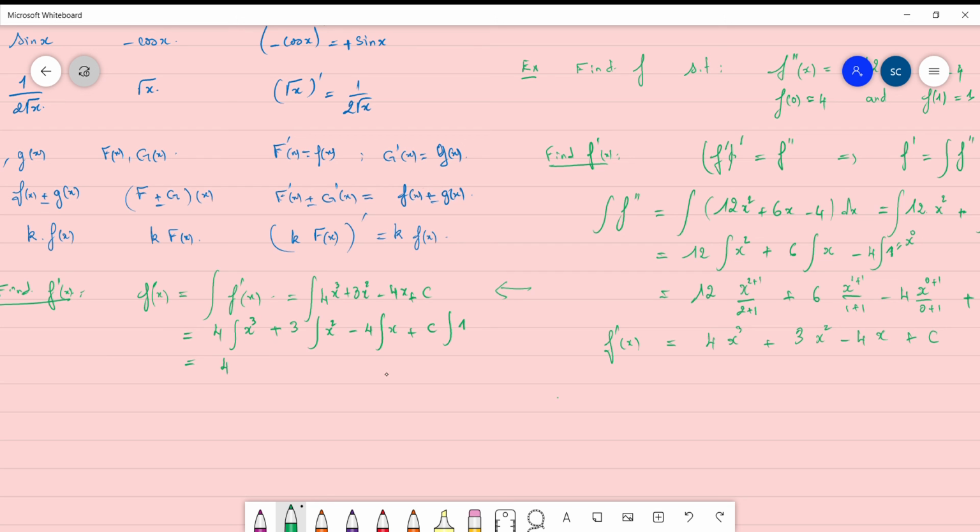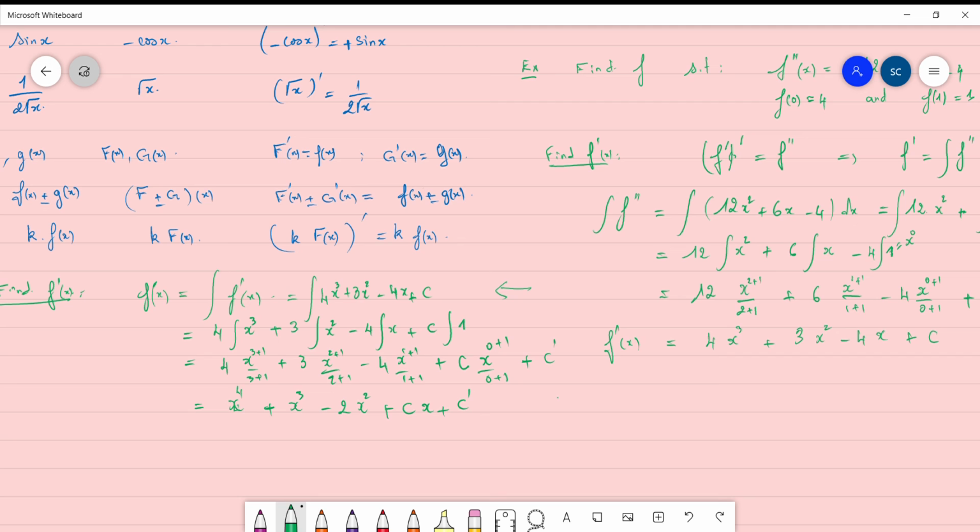Then 4x^(3+1) over 3+1, 3x^(2+1) over 2+1, minus 4x^(1+1) over 1+1, plus Cx^(0+1) over 0+1, plus another constant, let's call it C'. Here we have 4 over 4, so x^4, plus 3 over 3, so x^3, minus 4 over 2, minus 2x^2, plus Cx plus C'.